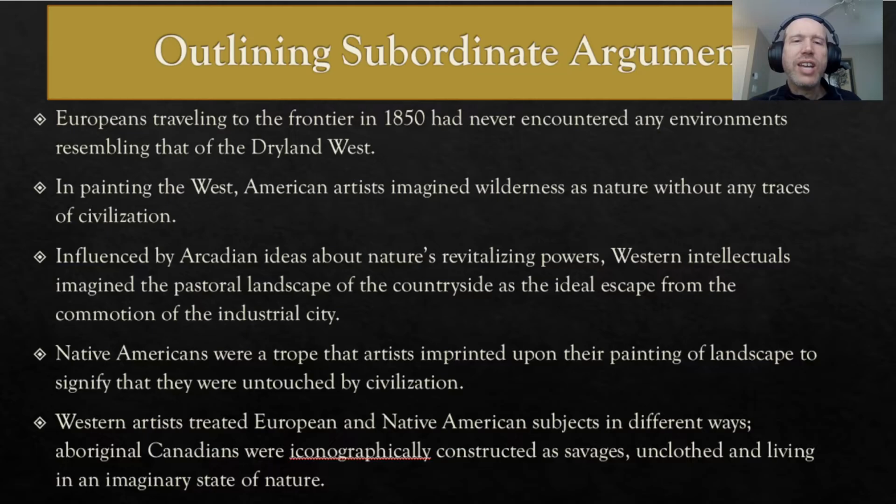Okay, so the secondary literature is talking a lot about Europeans and what they believed about nature and how these ideas influence artists. Okay, these were the artists that I consulted. This was the biography of these people, and this shows us that they were doing this. And then when it comes to the painting, well, okay, I have paintings A, B, and C that illustrate this. This artist spent a little bit more time in the frontier.